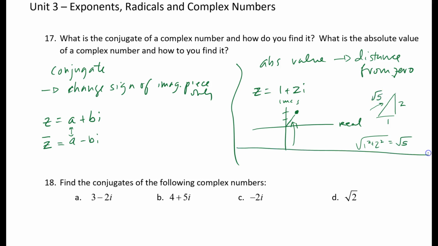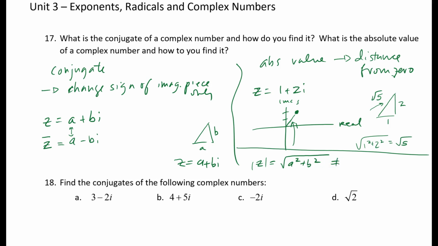If you really like to use formulas, you can always remember the absolute value of z. Again, if z is a plus bi, if you actually draw the triangle here, one side is a and one side is b. So the Pythagorean theorem says the absolute value is the square root of a squared plus b squared.